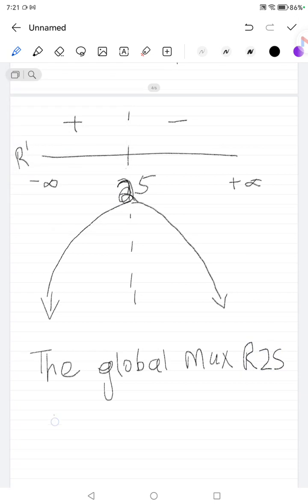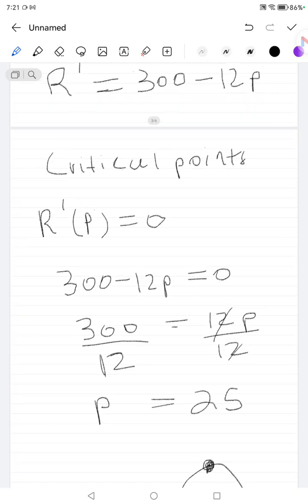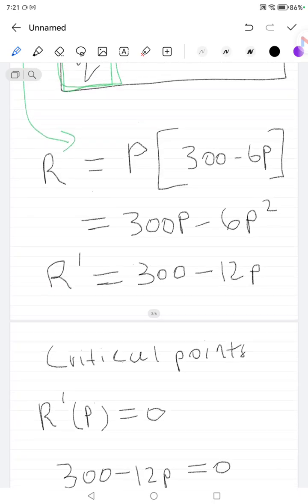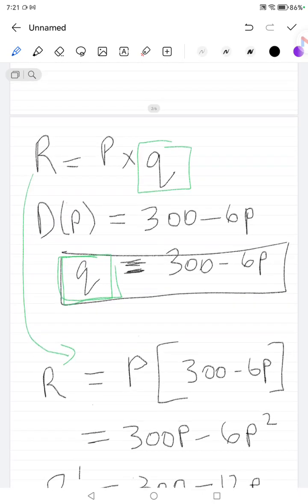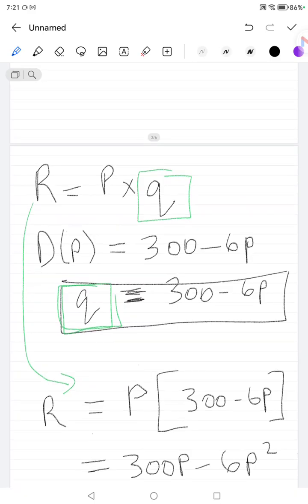Then you go into your original for the max value. What was your original? Your original is this one. Then you input your 25, 300 minus your 6 into 25.